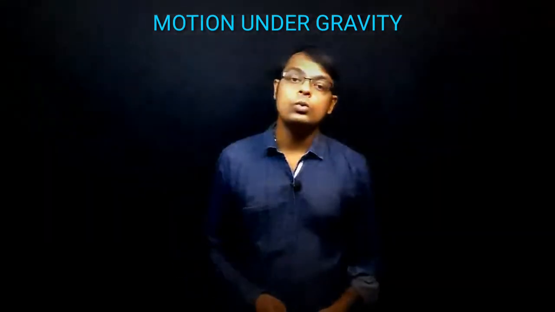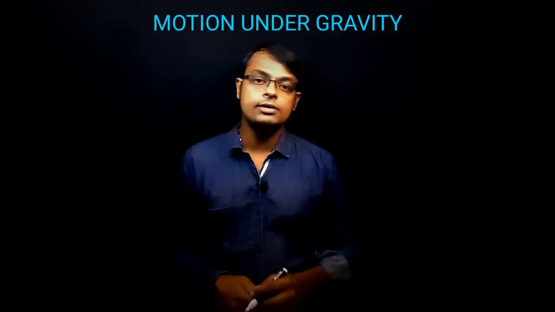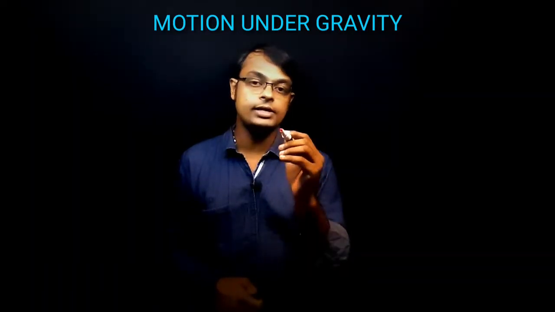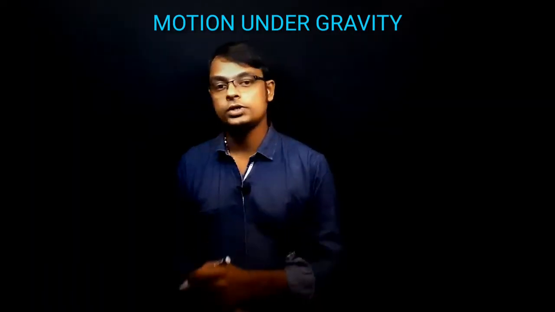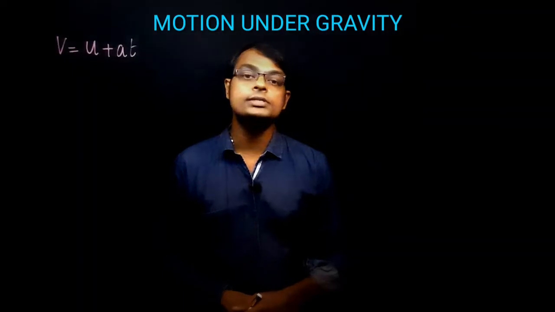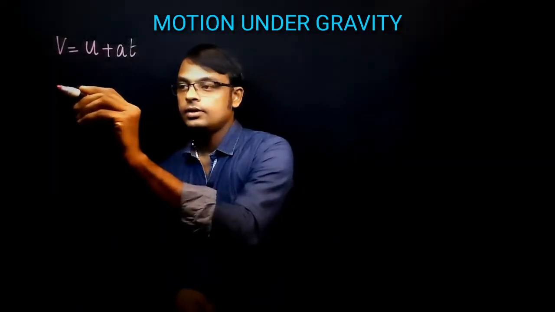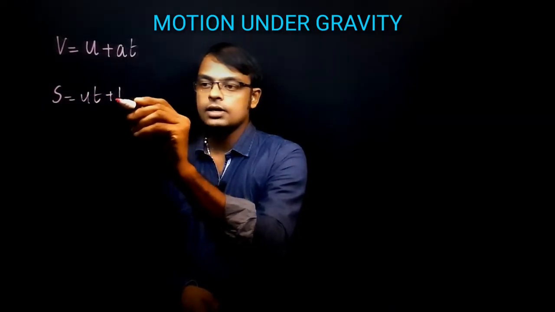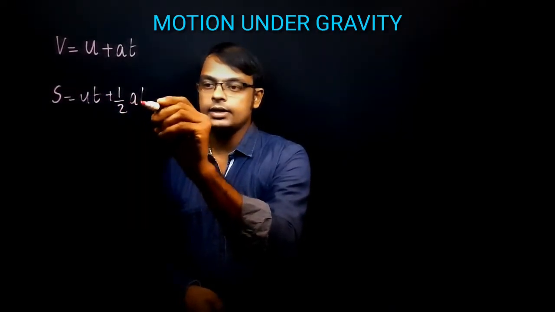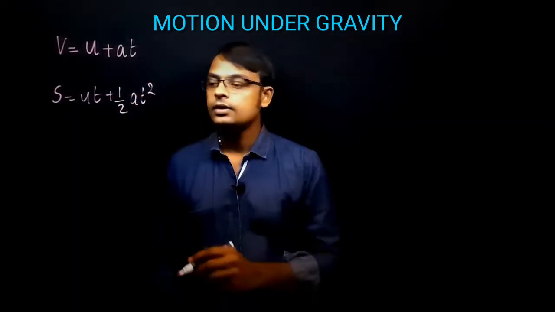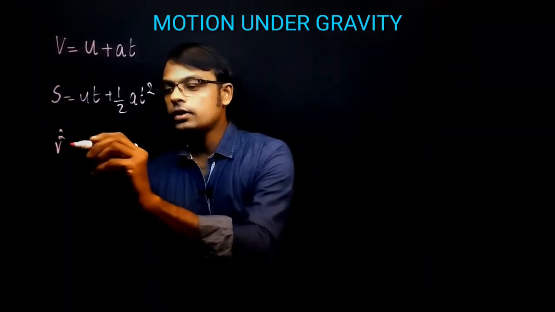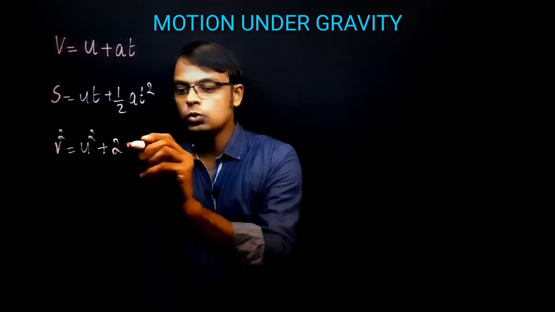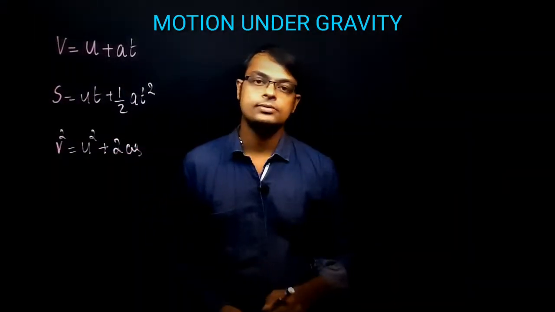Okay. Now, we have already discussed the equations of motion for uniformly accelerated motion. What are the equations? v is equal to u plus at. In the same way, s is equal to ut plus half at square, right? Third one, v square is equal to u square plus 2as, right?